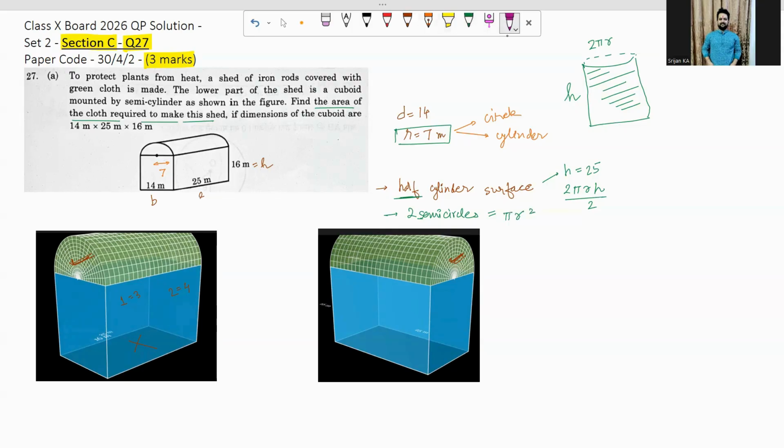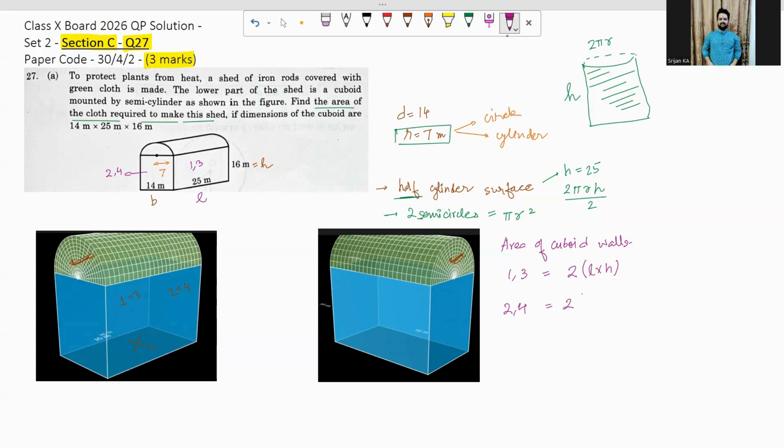Next part is the area of the cuboid walls. So walls are 1, 3 and 2, 4. For 1, 3, the dimension is what? Let's check here. This is 1, 3 and this is your 2, 4 wall. For the 1, 3 wall, the dimension is 25 into 16, L into H, and since these are 2, I have multiplied by 2 already.